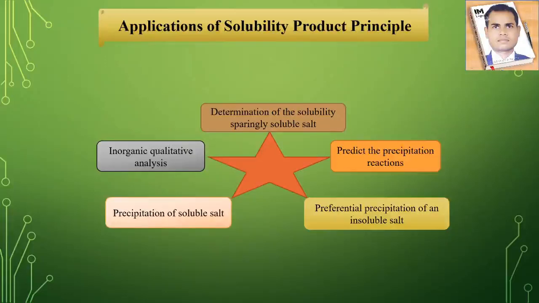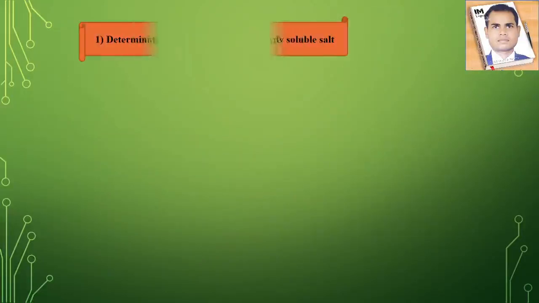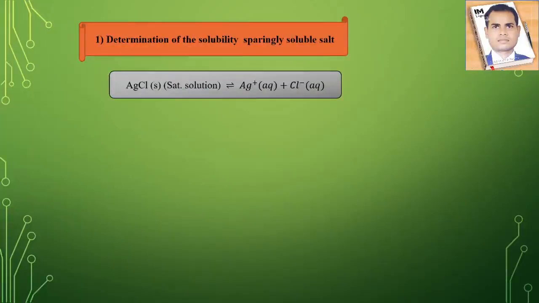The first one is determination of the solubility of sparingly soluble salts. In this case, if you take silver chloride into water, you will get two ions, Ag⁺ and Cl⁻, cations and anions.